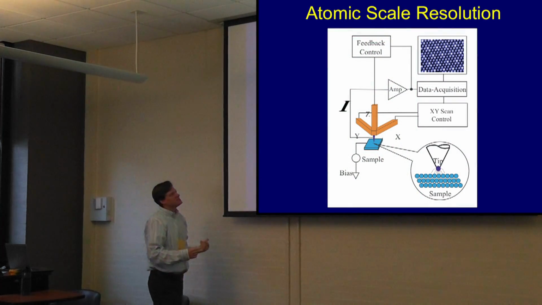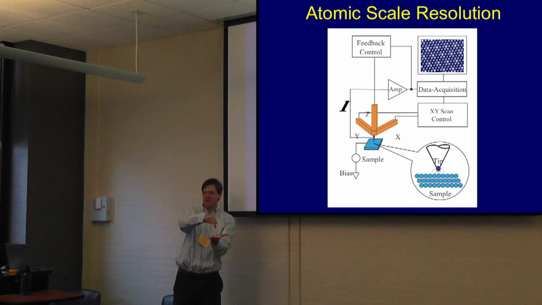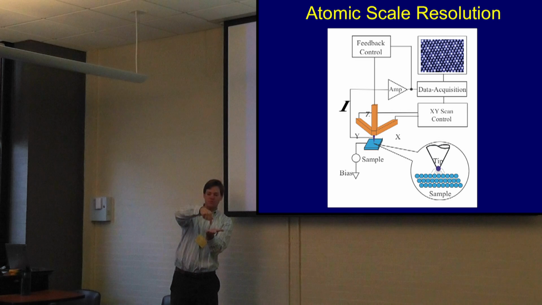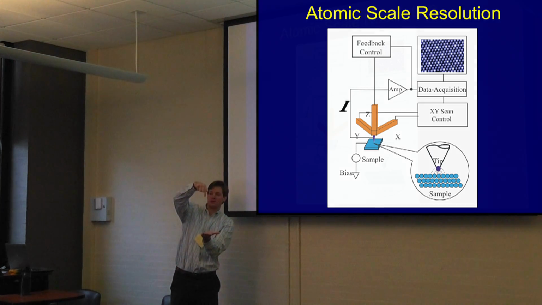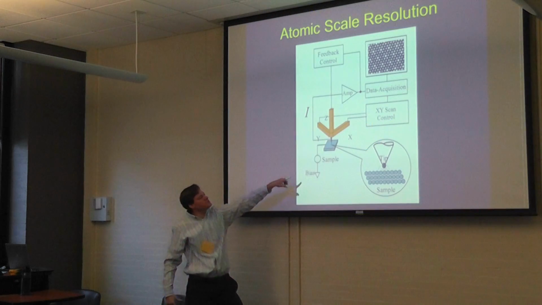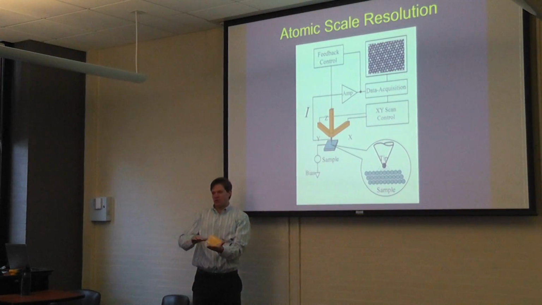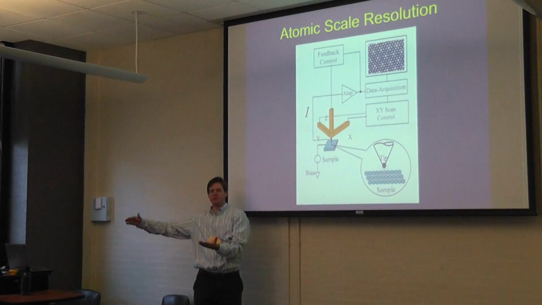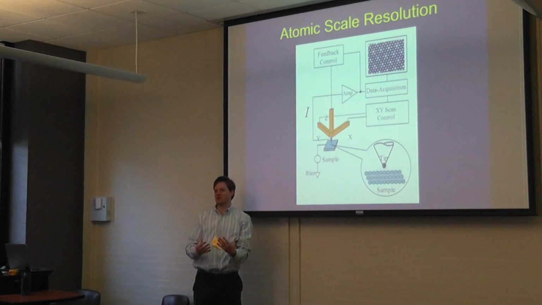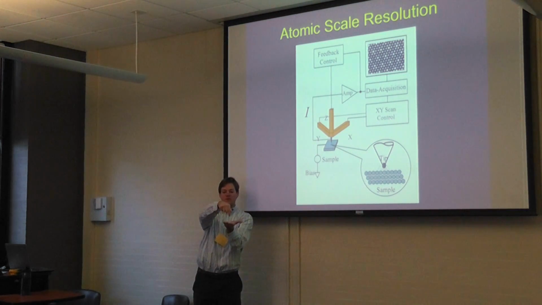Now the main idea is that the current depends on your tip-sample separation. If this is my tip and this is my sample, and I bring my tip back further away, the current's going to go down. When I'm scanning over my sample, you have rises and falls due to the atomic structure. If your tip is over the top of an atom, you're going to have a high current, because the tip-sample separation is smaller than if you're between atoms.